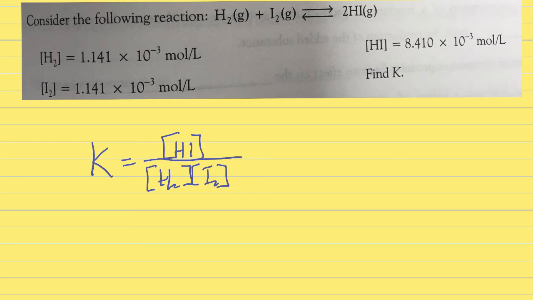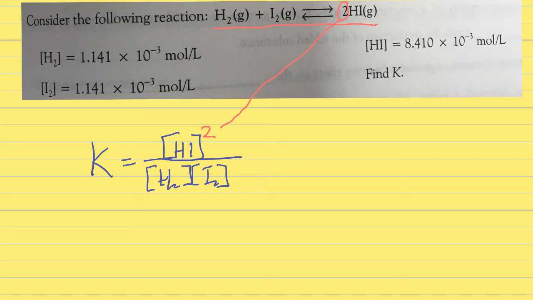One thing I did not mention that we need to mention at this point is in addition to the square bracket concentrations, we also look at the reaction, and if there is a coefficient in front of one of either the reactants or products, then that coefficient becomes the exponent on the concentration, okay?